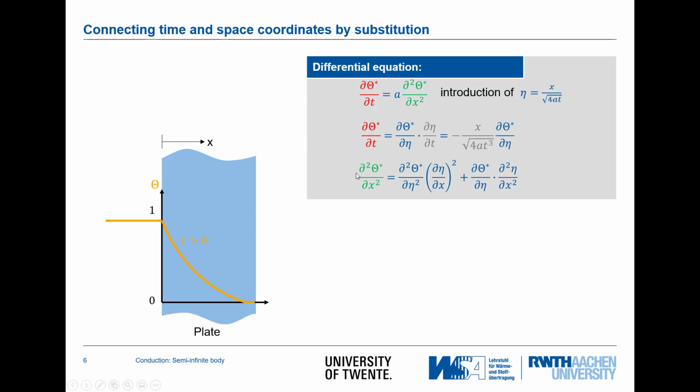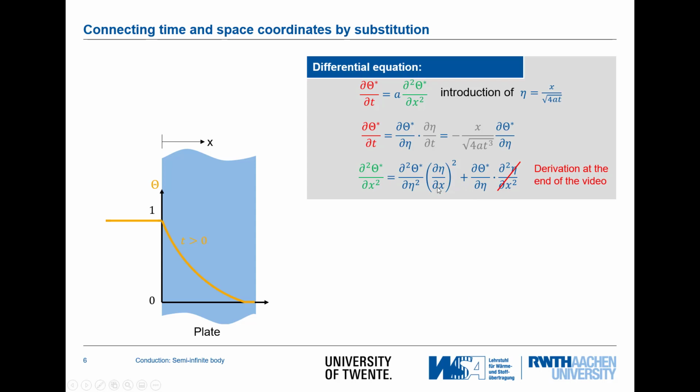For the other equation here, we have also to replace this. I would like to refer here to the end of the video or to the end of the presentation. There is more information on the derivation of this equation. Here, if we take the second derivative of eta with respect to x, we can see the first derivative is a constant, the second derivative is 0, so the entire term drops.